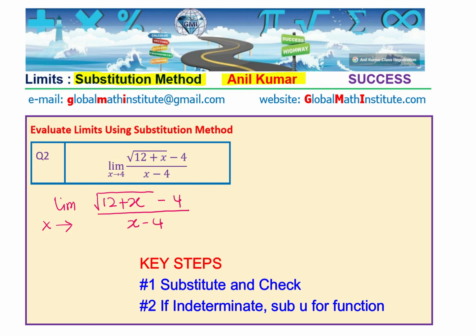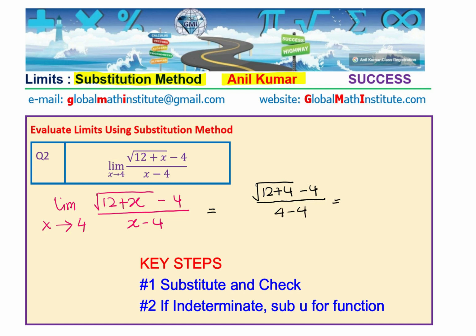When you substitute 4, what do you get? You get the expression equal to square root of 12 plus 4 minus 4 over 4 minus 4, right?